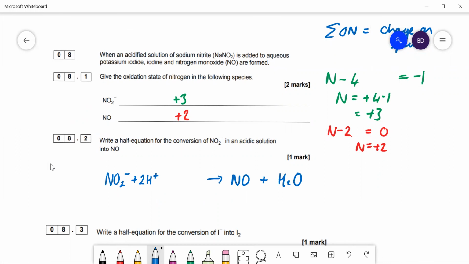Now balance for charge: we've got 0 charge on the right hand side, and we've got +1 at the moment on the left, so we need to put a negative electron in there to balance it out, plus e minus. And then you can check with the oxidation numbers because look, it's gone down from +3 to +2, so it's a reduction by 1 electron's worth, and that's what we've got there. We've got gaining 1 electron, so that looks right.